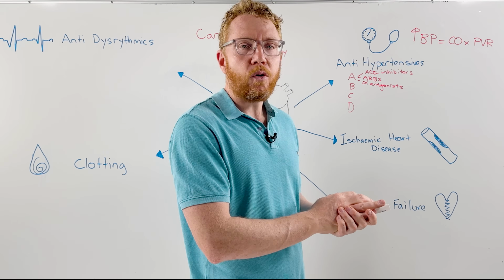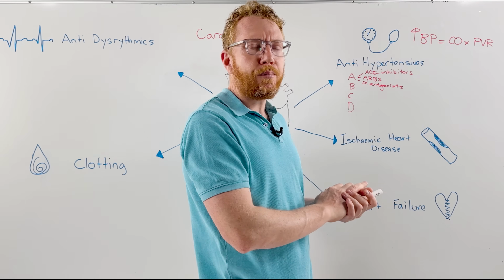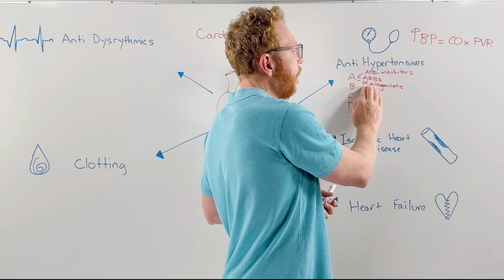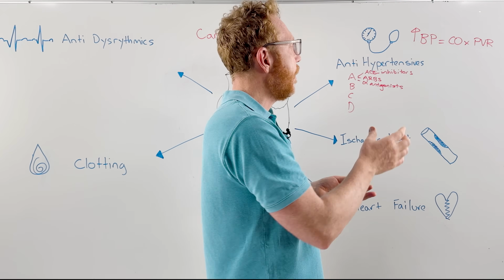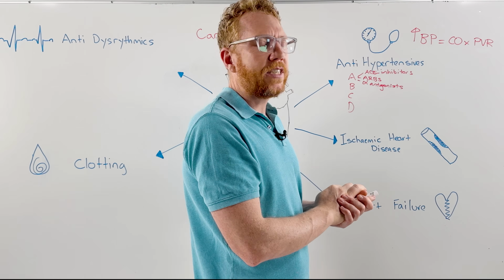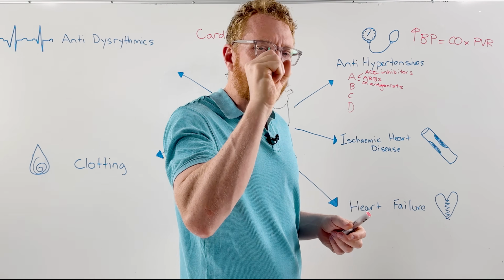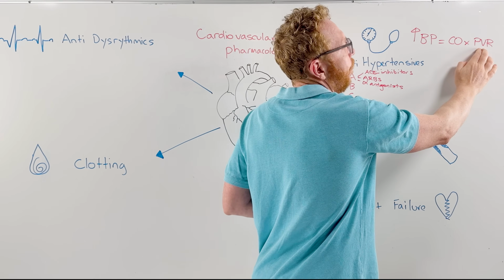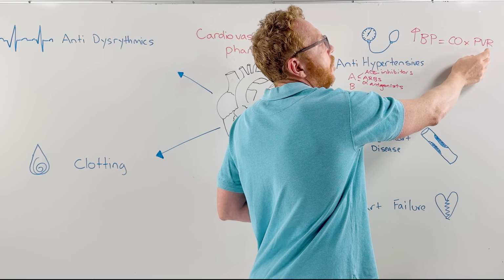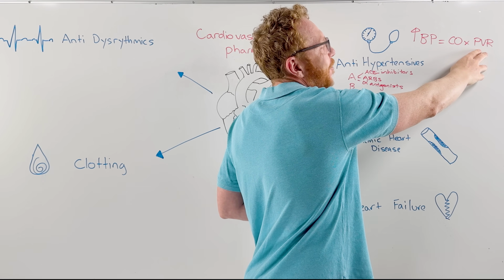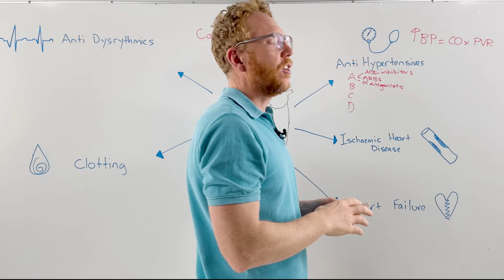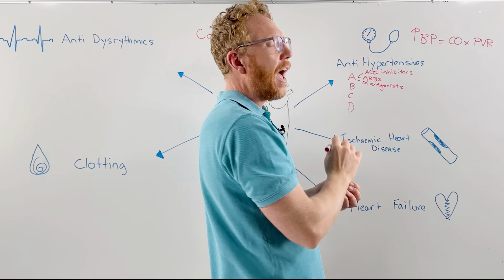But if this is happening all the time, you're going to get high blood pressure. So what we can do is block the effect of adrenaline on these alpha 1 receptors. So we block constriction and we get dilation, therefore resistance lessens, therefore blood pressure goes down. So that's the A's.